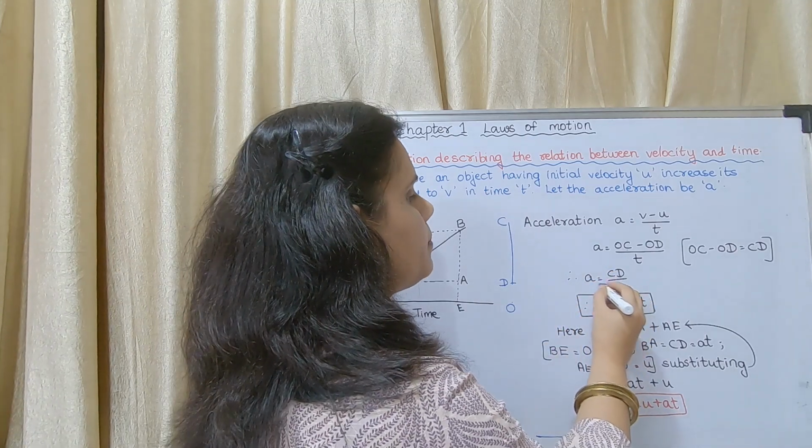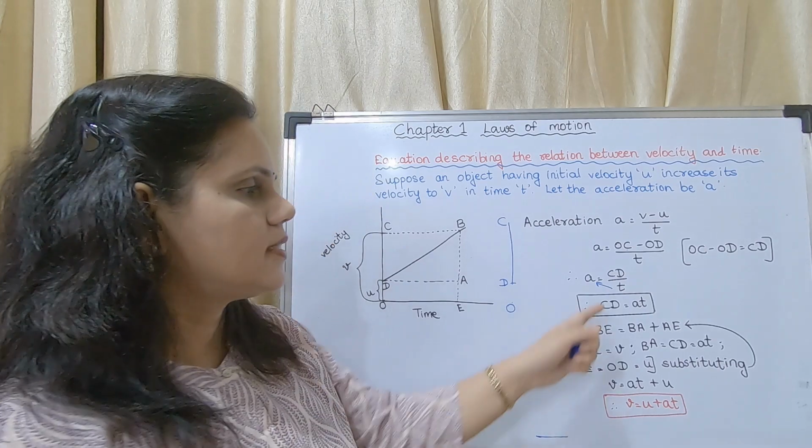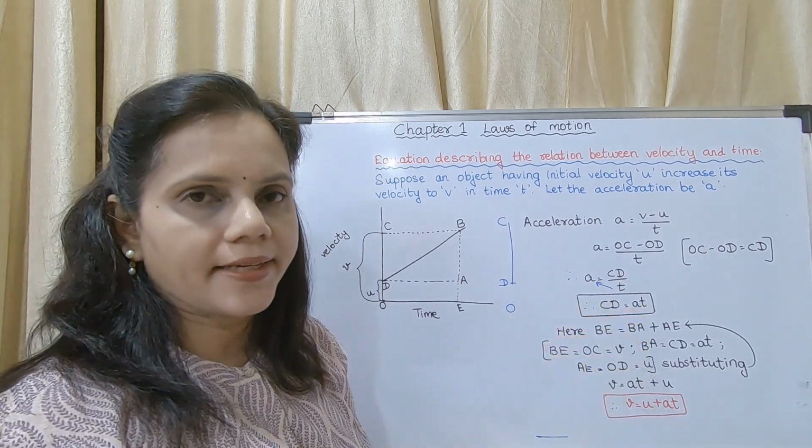Now cross multiplying, you will get CD is equal to at.